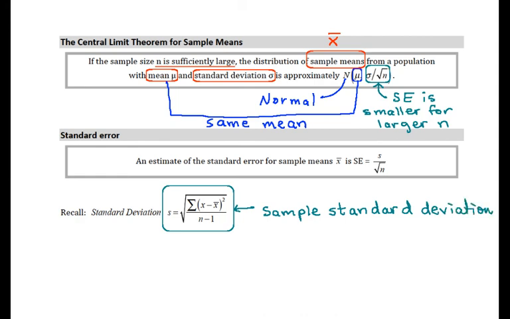So the central limit theorem is expressed in terms of sigma, which is usually unknown, but the way we calculate our standard error is expressed in terms of S, which we do know if we have a sample. And we can just get StatKey to calculate that for us. So this is the formula that we use for estimating standard error when we're doing inference about one mean.